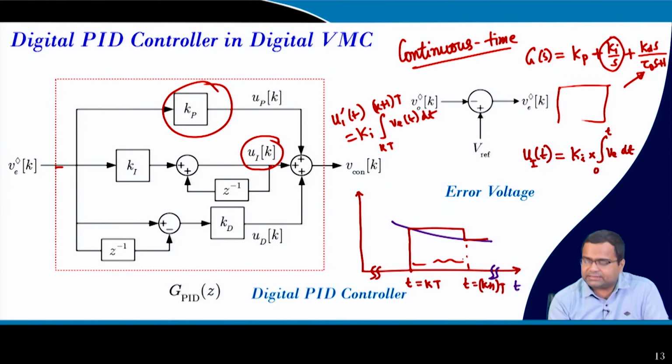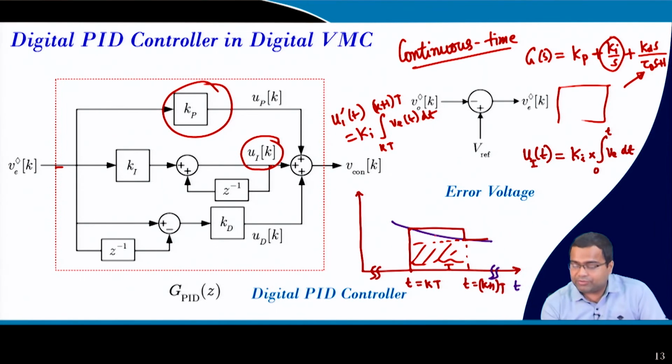Since this period is T, the area under the curve can be computed in different ways. If you take this one, this will be the area. If you take this one, this will be the area. Or you can take their average, where this will be the area.